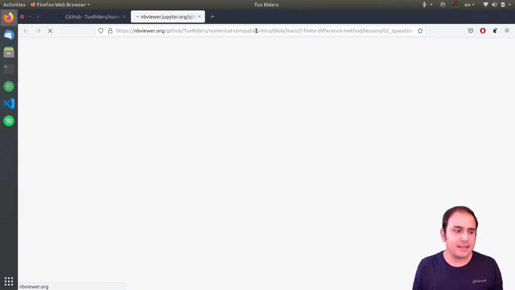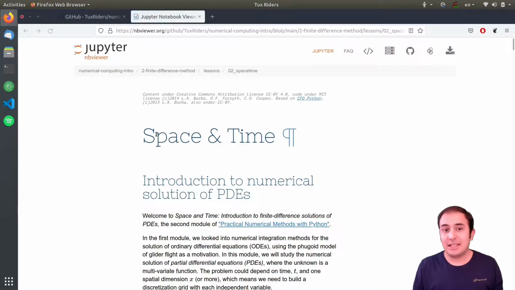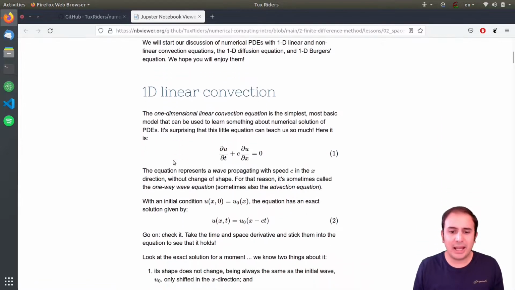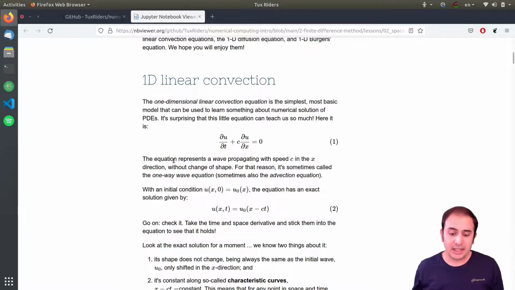But in this case, let me open the first notebook. As you can see, the title of the notebook is space and time, which means that now we have an equation that depends not only on time, but also on space. So this function u is dependent on both time and space.